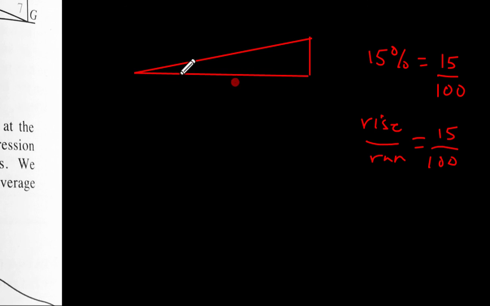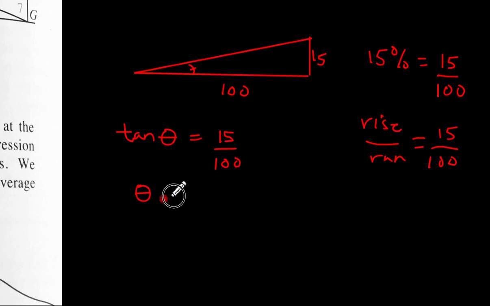So our rise is going to be 15 and our run is going to be 100. Now we can figure out what this angle of elevation is. So we have tangent again because we don't have the hypotenuse. So we would say the tangent of theta equals rise over run, which is 15 over 100.